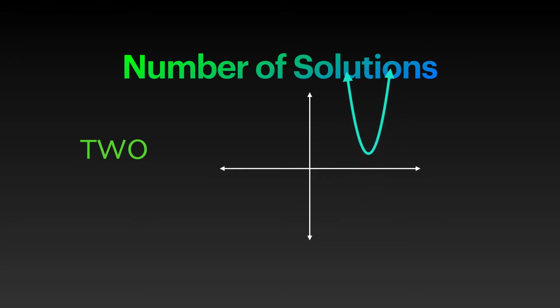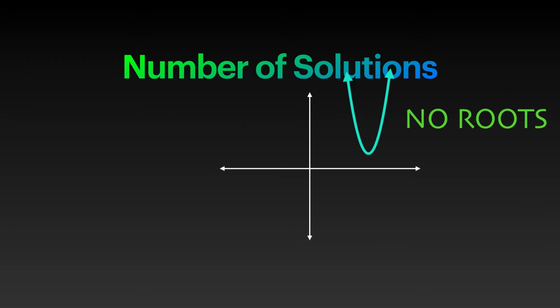But what if it's up here, up in the air, kind of in the first quadrant, or up in the air in the second quadrant? It doesn't matter. But now, look, there are no places that it's touching the x-axis. So that means that there are no roots. None. Zero. But don't use the word zero. Say no roots.